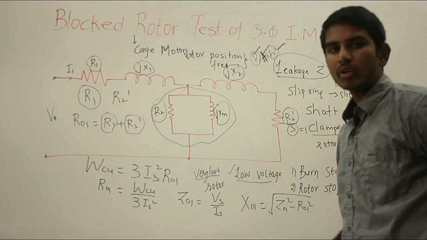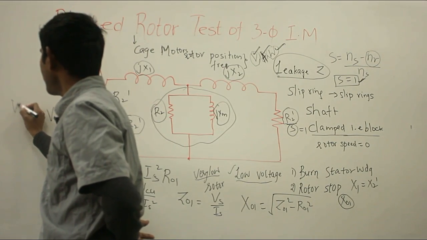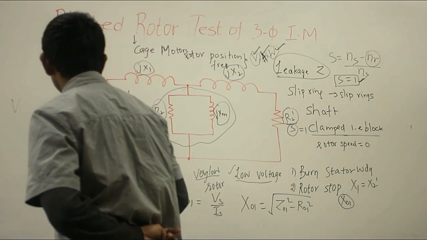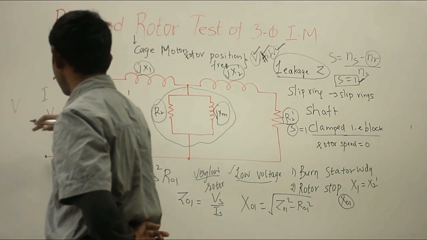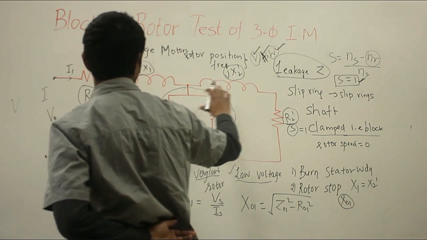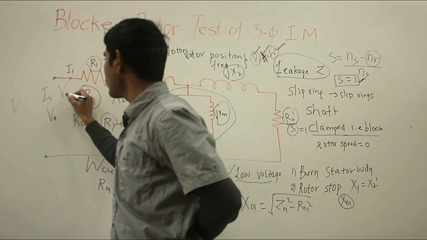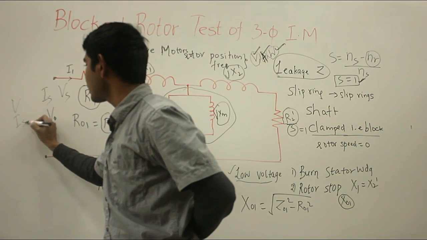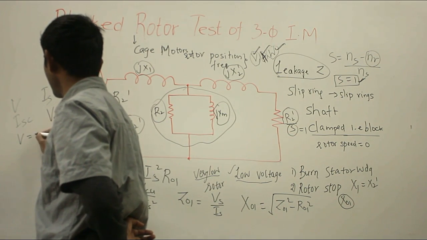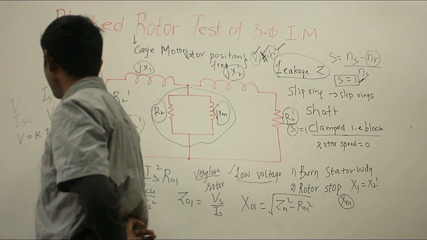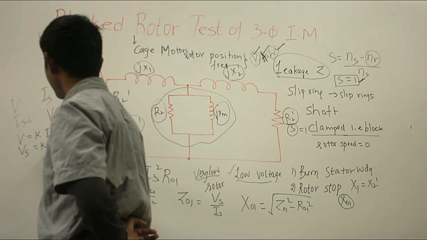Now, if you want to calculate the short circuit current at normal voltage, if I say V is the normal voltage applied to the stator windings and Isc is the short circuit current I want to calculate, and Vs is the low voltage and Is is the short circuit current at low voltage, then from Ohm's law I can write V is equal to K into Isc and Vs is equal to K into Is.